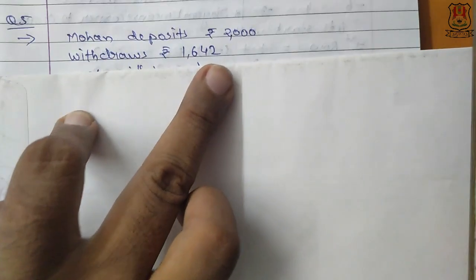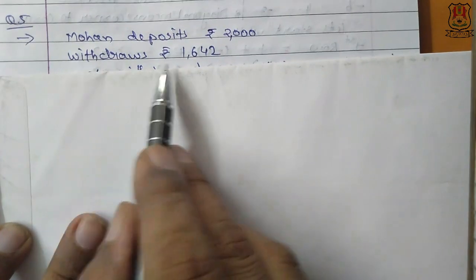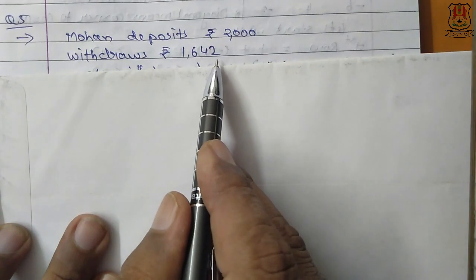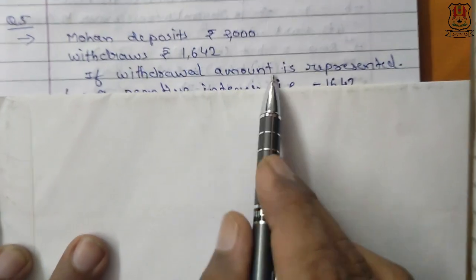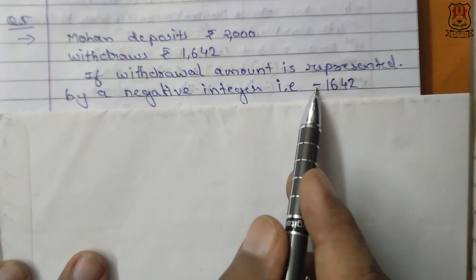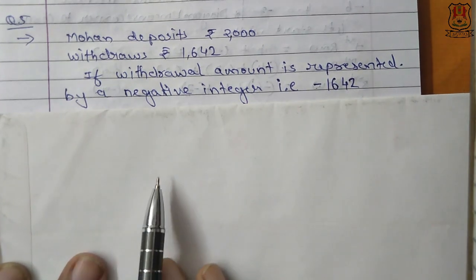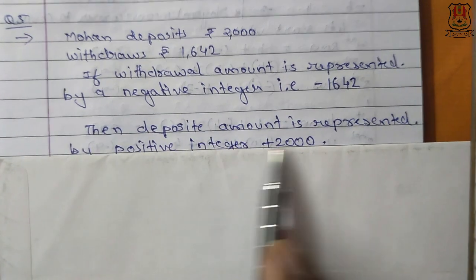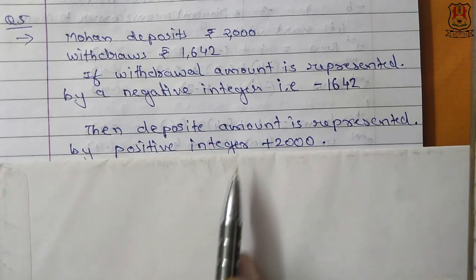So Mohan deposited rupees 2000 and withdrew rupees 1642. As the question is asking that if the withdrawn amount is represented by a negative integer, that is how to write minus 1642. Then the deposit amount is represented by the positive integer, so that is plus 2000.